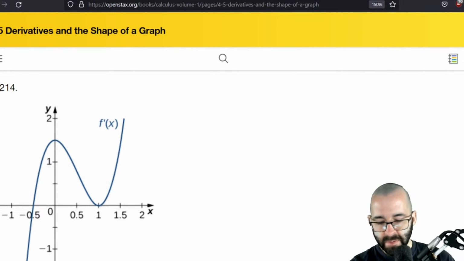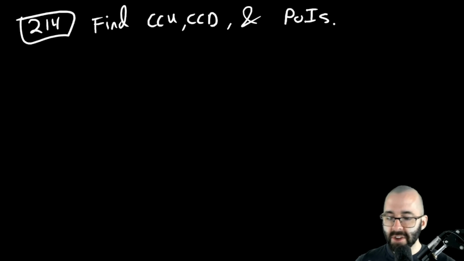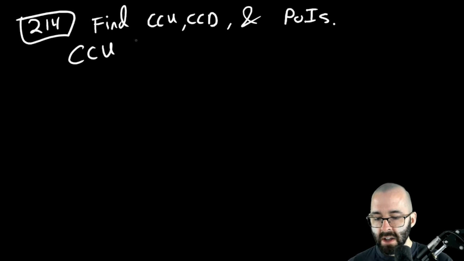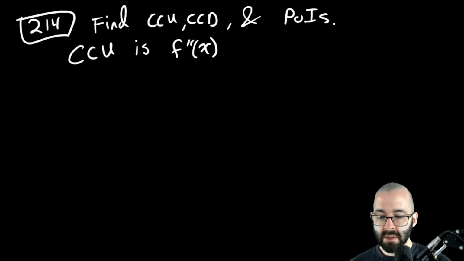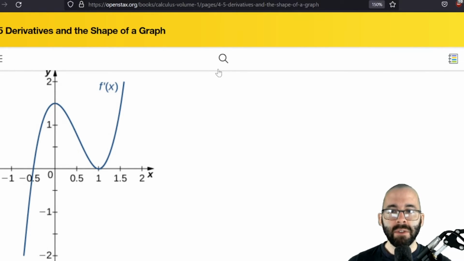So remember, a couple definitions of concave up. Concave up is when the second derivative is positive, but that doesn't help us here. We only have a graph of the first derivative.